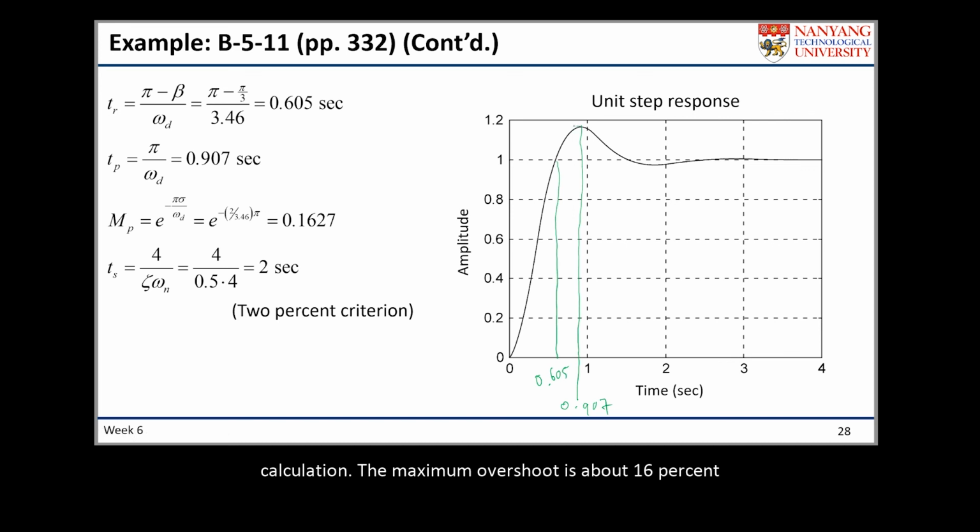The maximum overshoot is about 16% here, and the settling time, with a 2% criterion, is apparently 2 seconds. So it seems that the 2% window is somewhere here, right? So this is the first time when the response reaches and stays within this window, at 2 seconds.